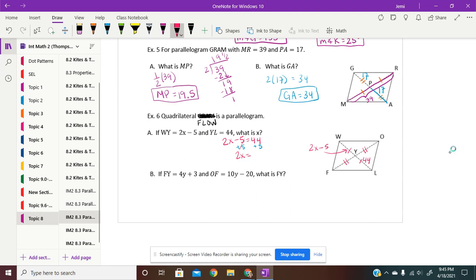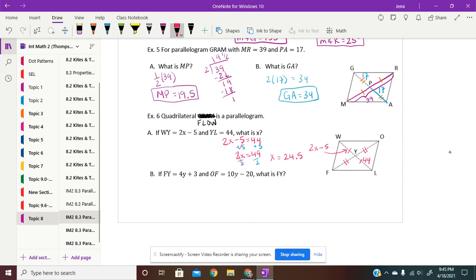Let's see, I add 5 to both sides to solve. I get 2x equal to 49. Divide by 2, and I get x is equal to 24 and a half. 24.5.